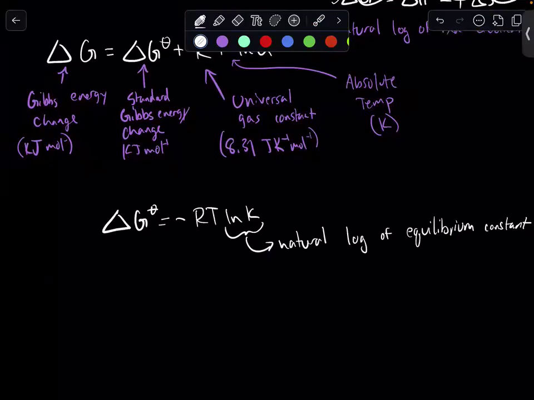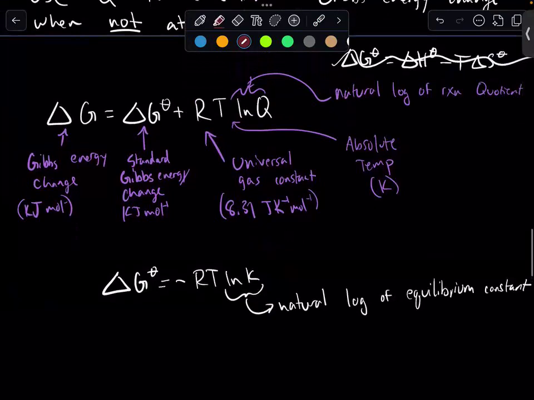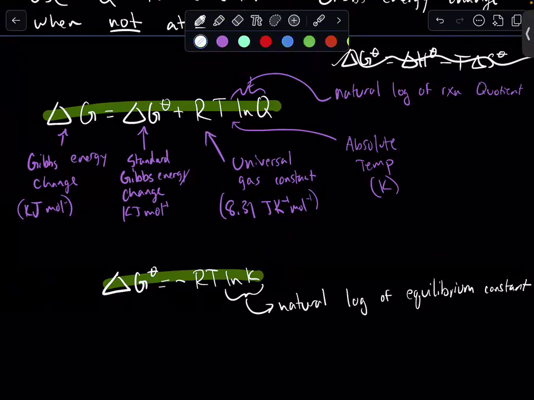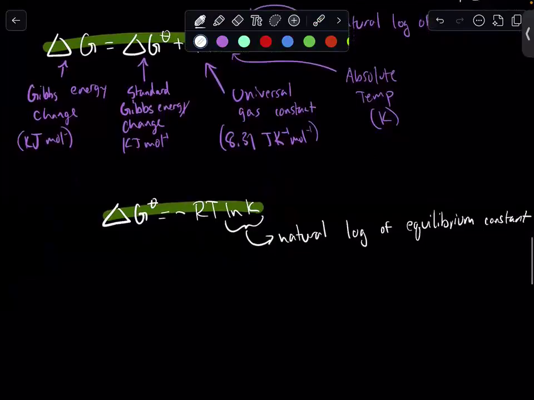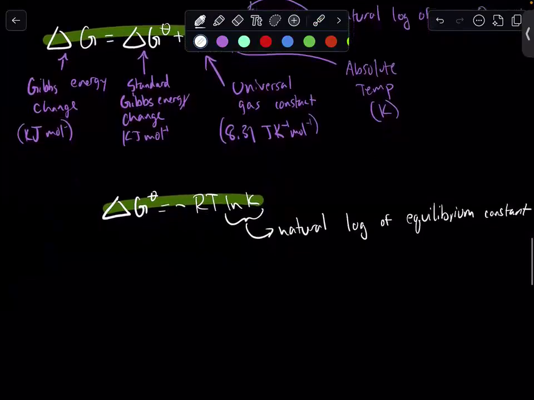But before we do our fun derivation of these two equations, I will mention that both equations are found in your data booklet, in that first section of equations, like section 1 or 2. But let's talk about what these values actually mean. So this is our little aside here.